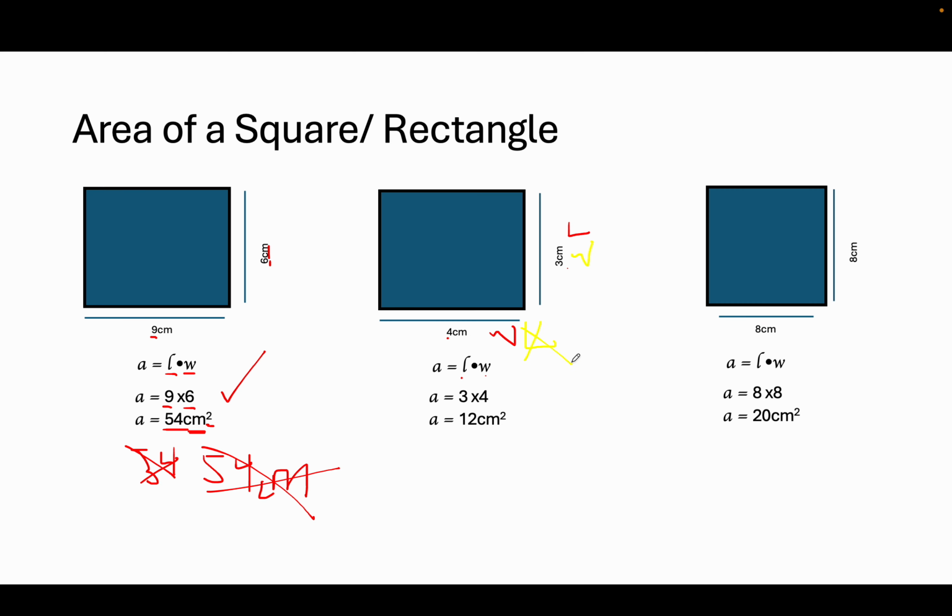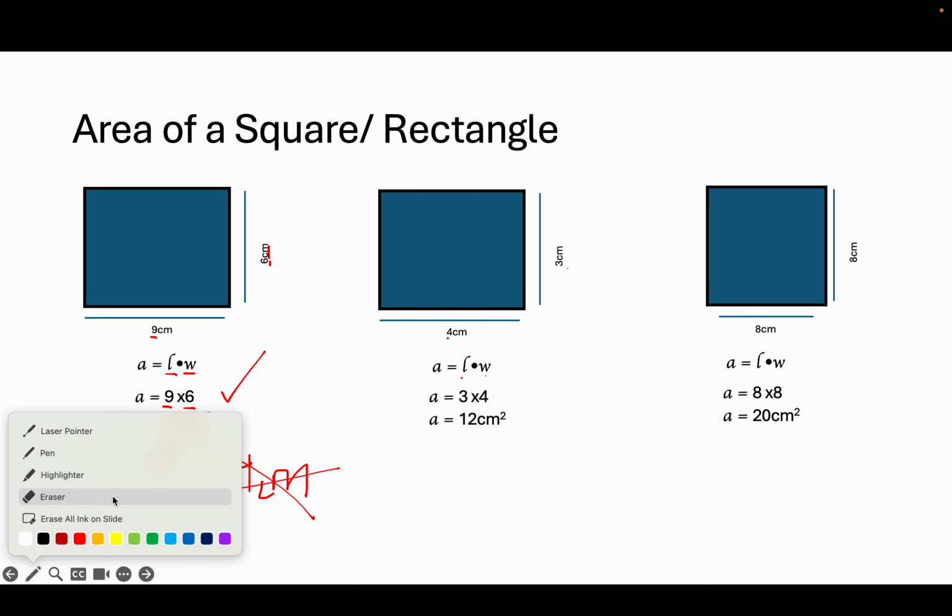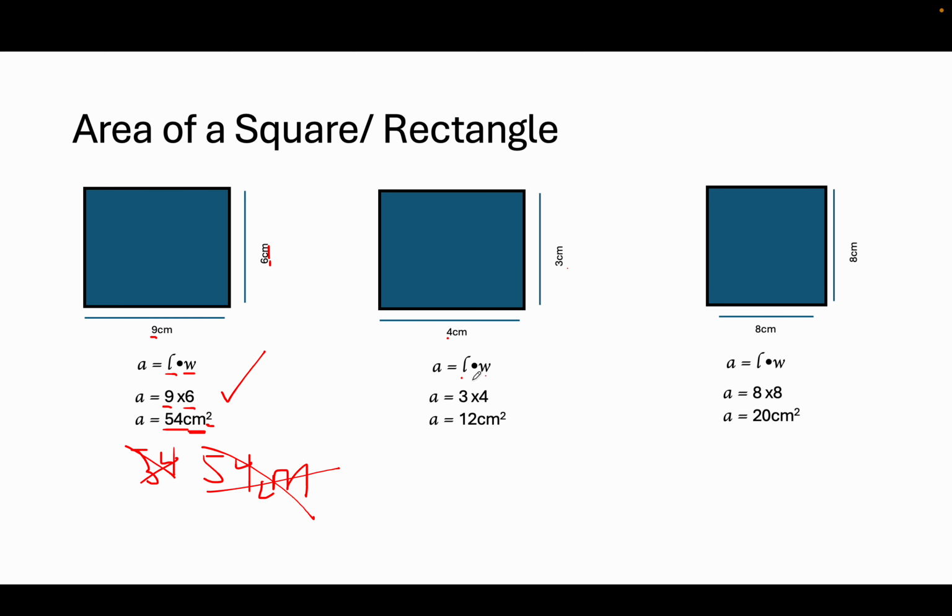I prefer calling the longer side length, but I didn't do that on this one just so I could show. I'll erase all that. Okay, so let's go through the answers here. 4 times 3 is 12, so 12 centimeters squared.